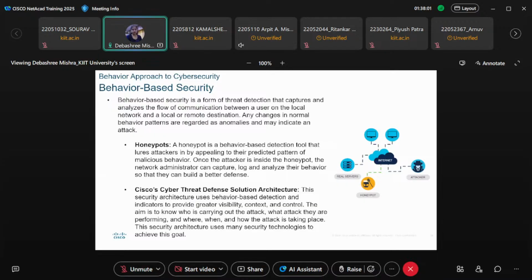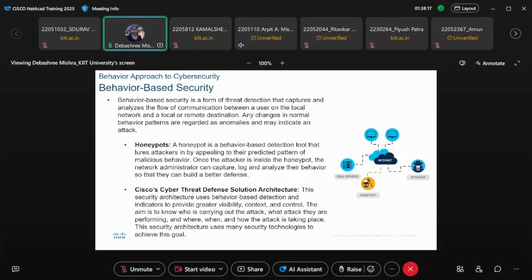The next is Cisco Cyber Threat Defense Solutions. This is a security architecture which again checks behavior based on detection, and indicators are generated to provide visibility, context and control.